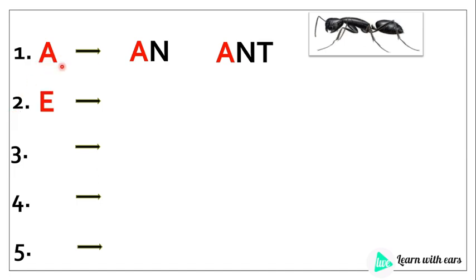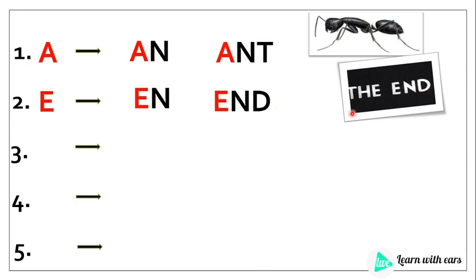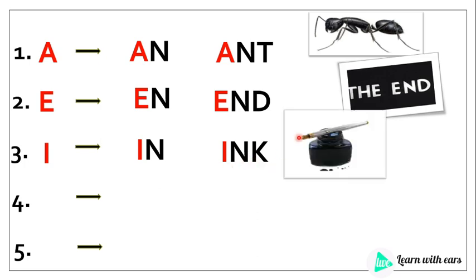This is A and this is E. An, n, an. End, ant, end. The end. I, I, n, ink.